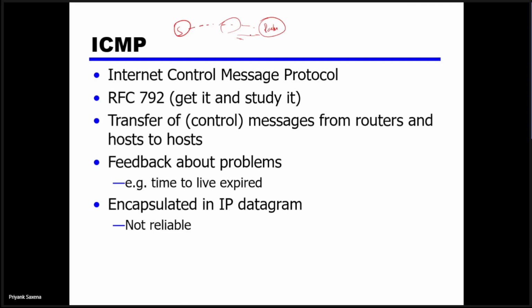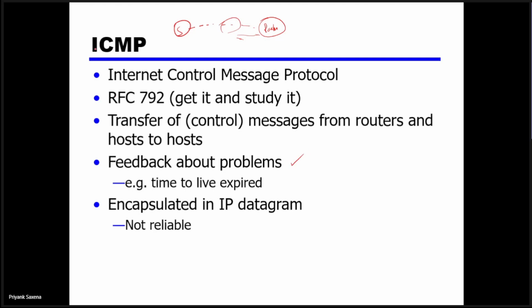Similarly, here also the router will send a message back to the source that the flow is exceeding, please slow down, right? So this works in the form of messages. The messages are exchanged from router to host and host to host, right? So it provides feedback about problems in the network, right?